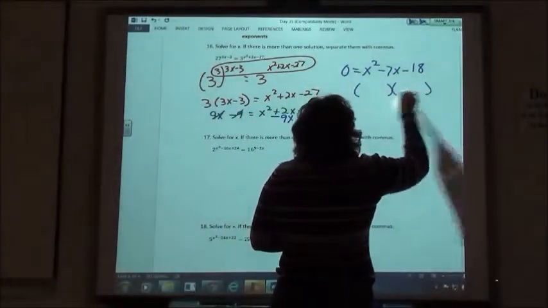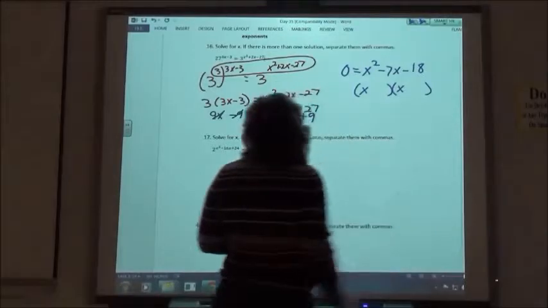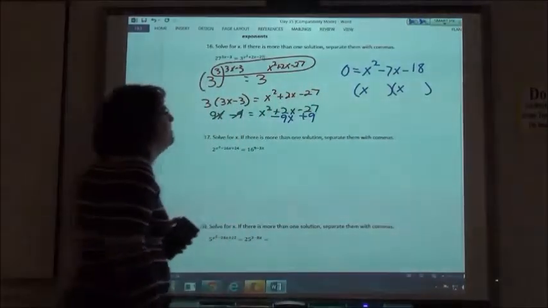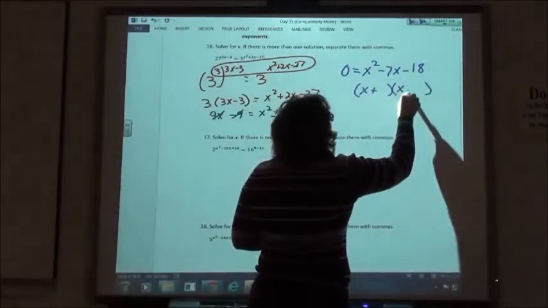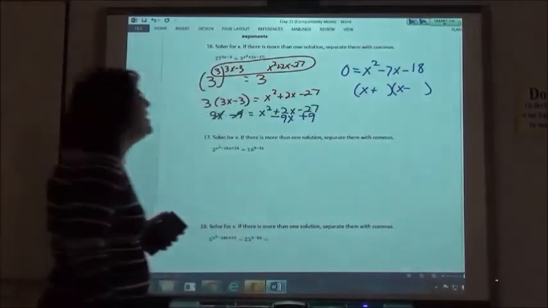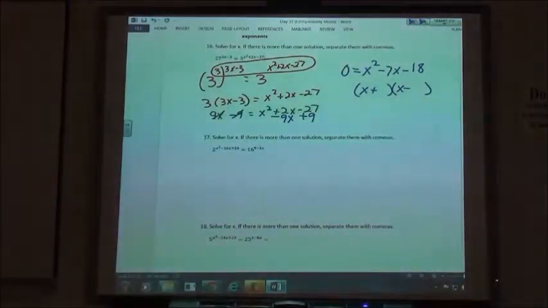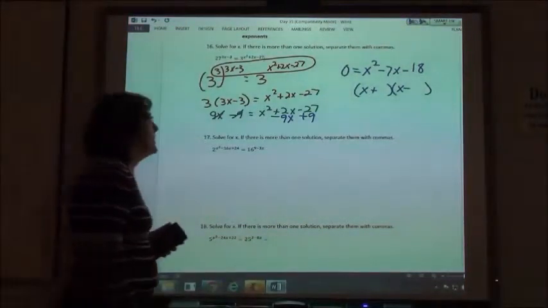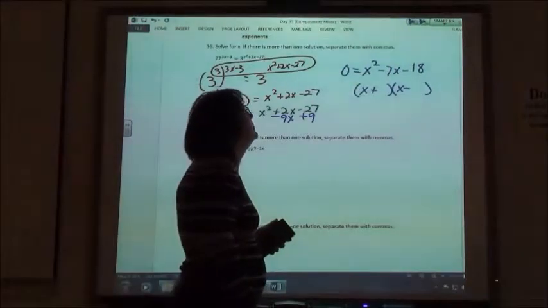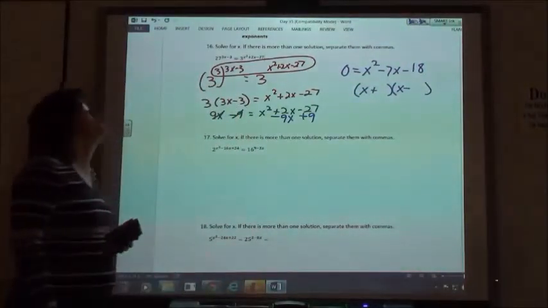So x and x. My signs? A positive and a negative. Factors of 18, that when I plug them in, I get a minus 7.